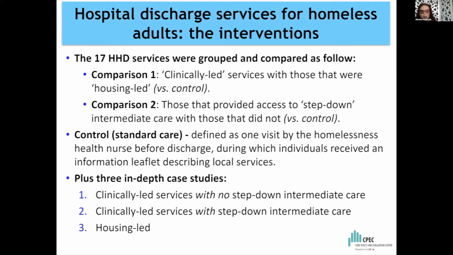In the in-depth case studies, we had 3 different configurations. For the first one, we offered patient reach based in acute care settings with specialist discharge coordination, but there was no direct access to step-down intermediate care. In configuration 2, again in acute care settings, there was access to step-down.